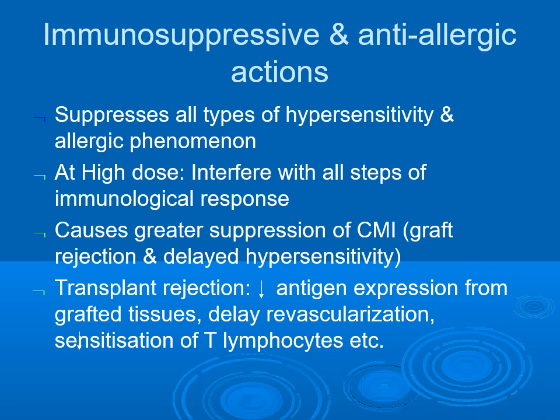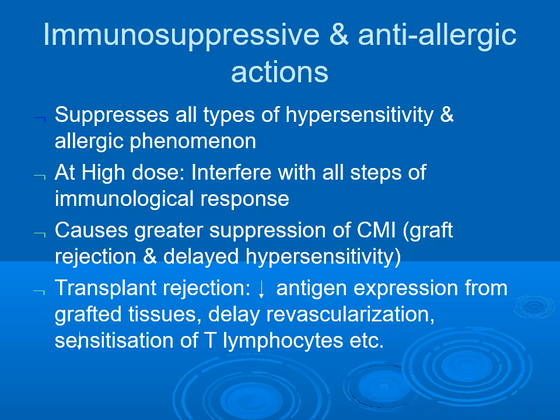Immunosuppressive and anti-allergic actions of glucocorticoids. Glucocorticoids suppress all types of hypersensitivity and allergic phenomena. At high dose, they interfere with all steps of the immunological response. They cause greater suppression of cell-mediated immunity and are therefore used for prevention of graft rejection and delayed hypersensitivity.